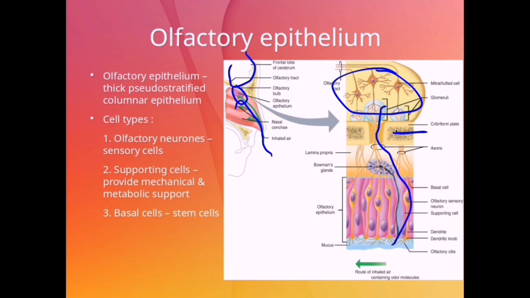We also find the Bowman's glands within the lamina propria. These Bowman's glands function to produce mucus. This mucus is passed via a duct onto the surface of the epithelium.